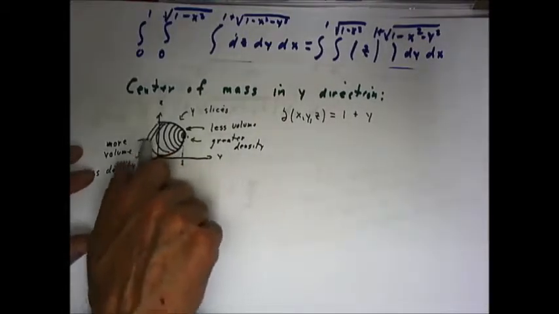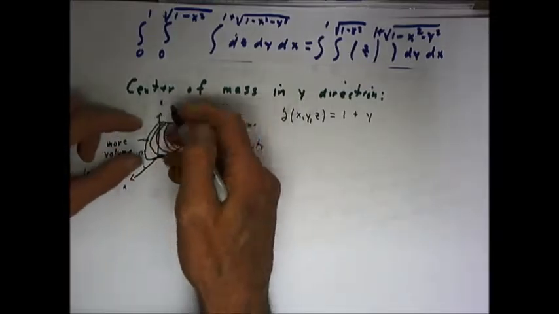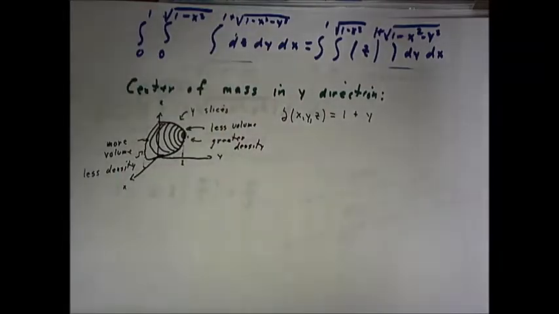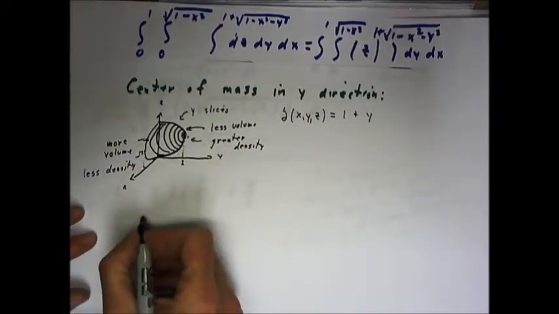Now we imagine that gravity is pulling each of these disks, or quarter disks or half disks, down, tending to rotate the solid about the x-axis.